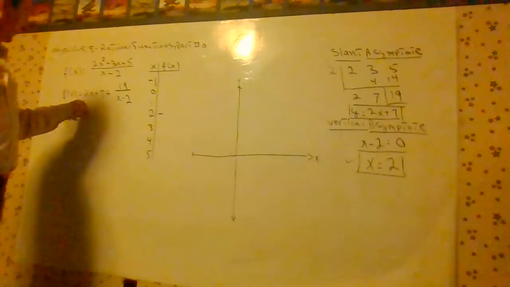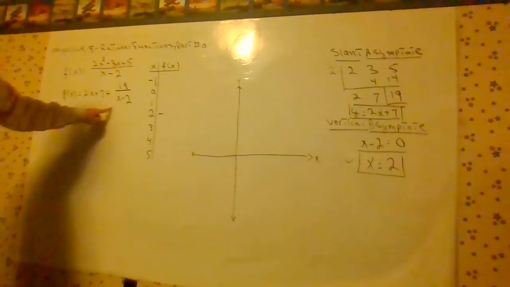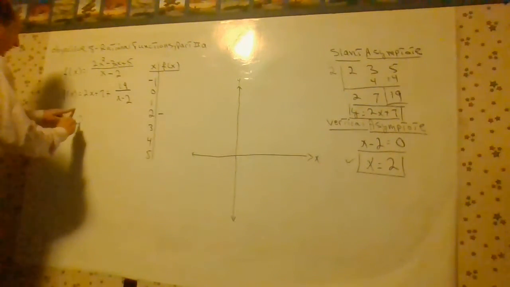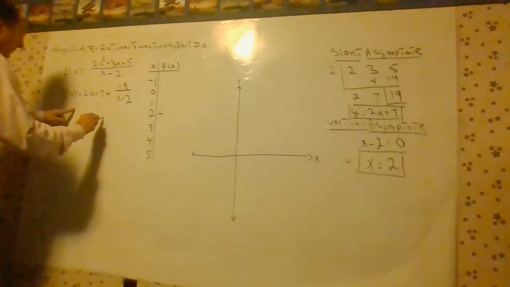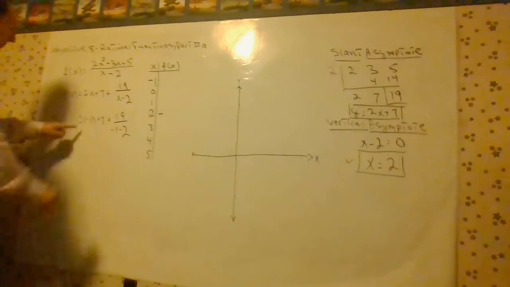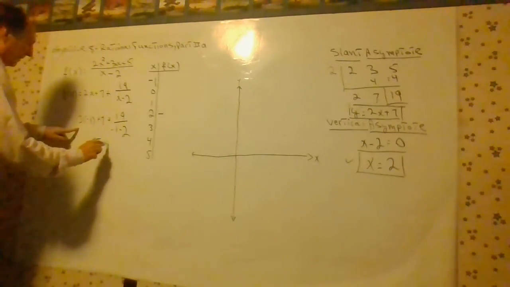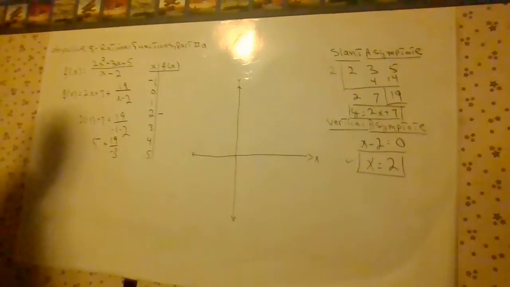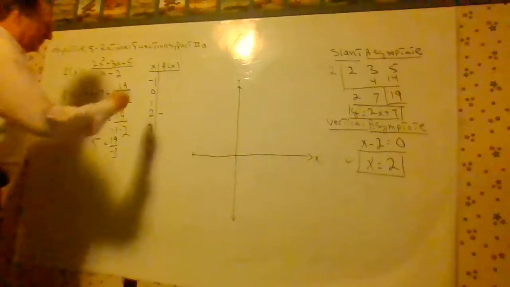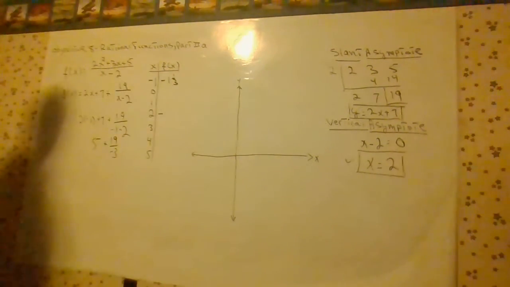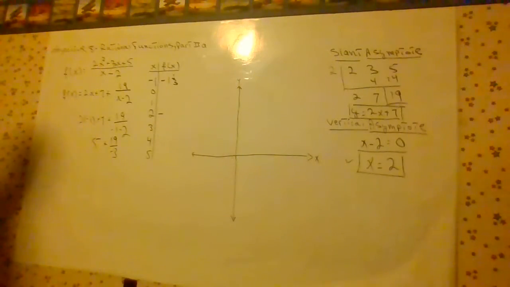Simplest thing to do is plug into this form of the function right here. And let's plug negative 1 in. We get 2 times negative 1 plus 7 plus 19 over negative 1 minus 2. That's 5 plus 19 over negative 3. That's actually 6 1/3. We have minus 1 1/3. 5 minus 6 1/3.